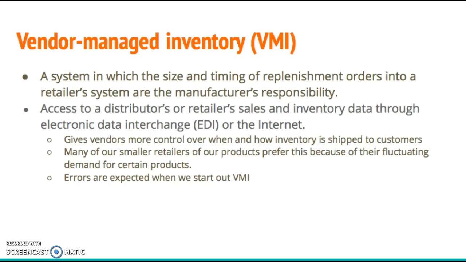This gives vendors more control over when and how inventory is shipped to customers. Many of our smaller retailers prefer this because of their fluctuating demand for certain products, although errors are expected when VMI is starting out.